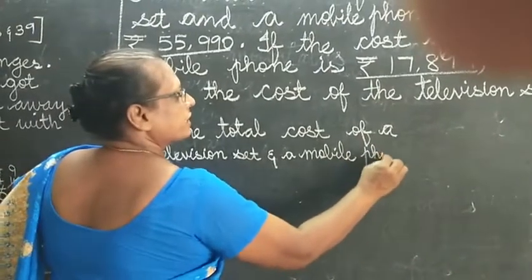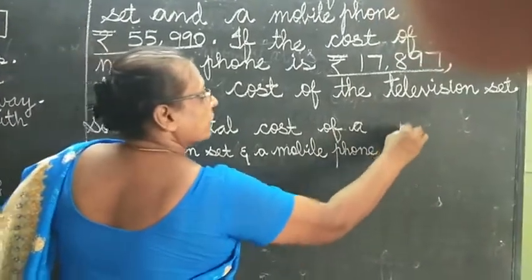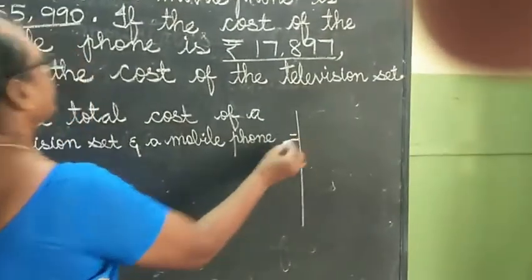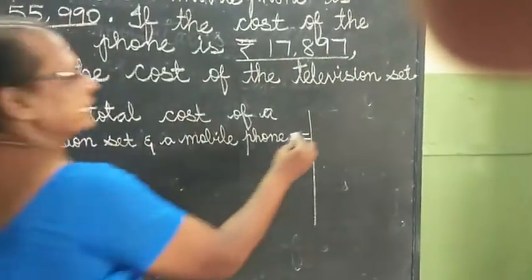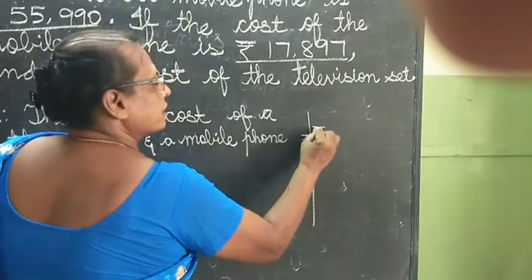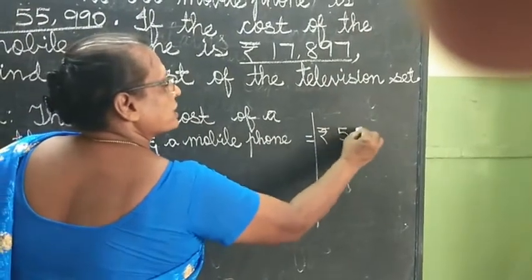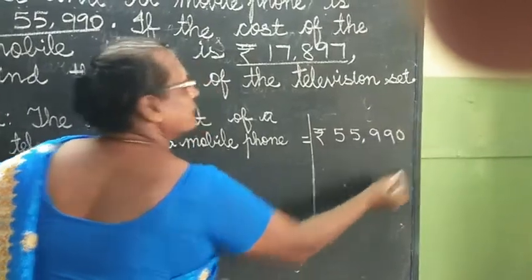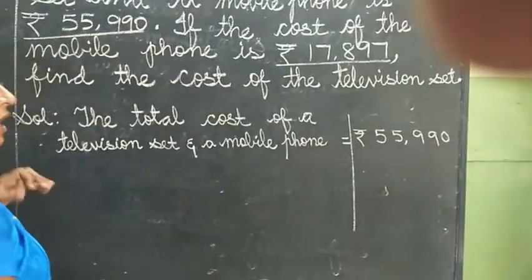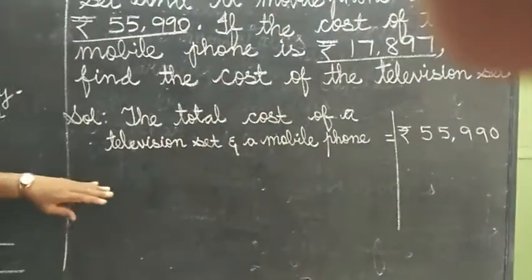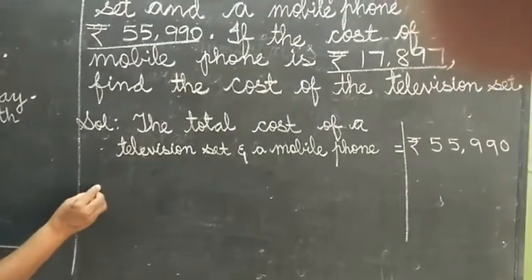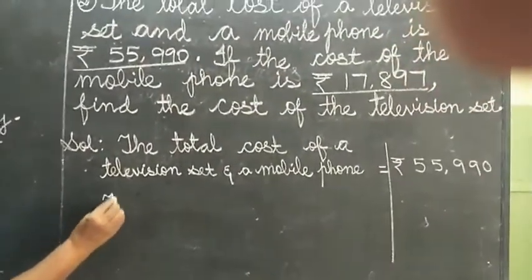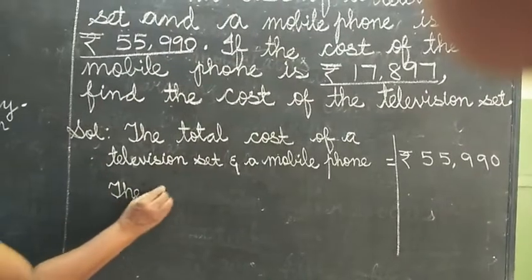How much, children? 55,990. So rupees 55,990. Leave some gap and write so that when you subtract it will be neat. Okay, children? Okay, now the cost of the mobile phone.